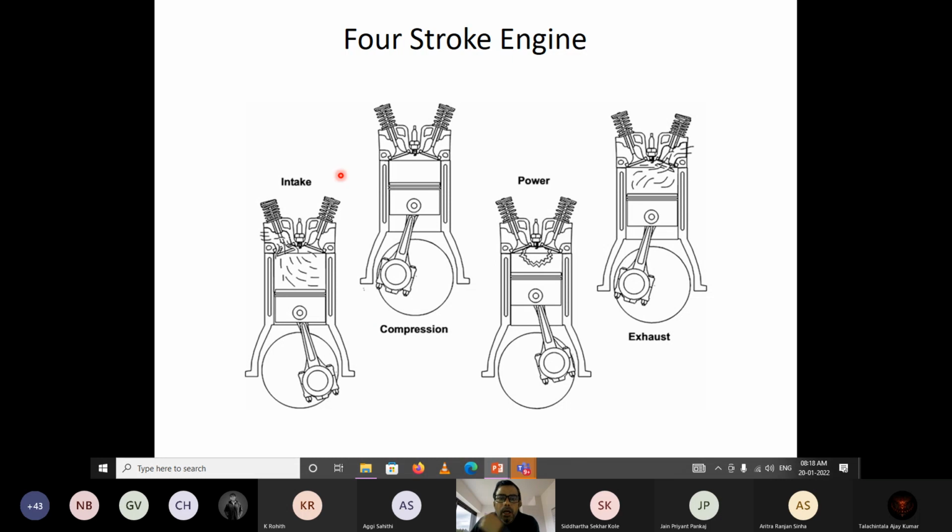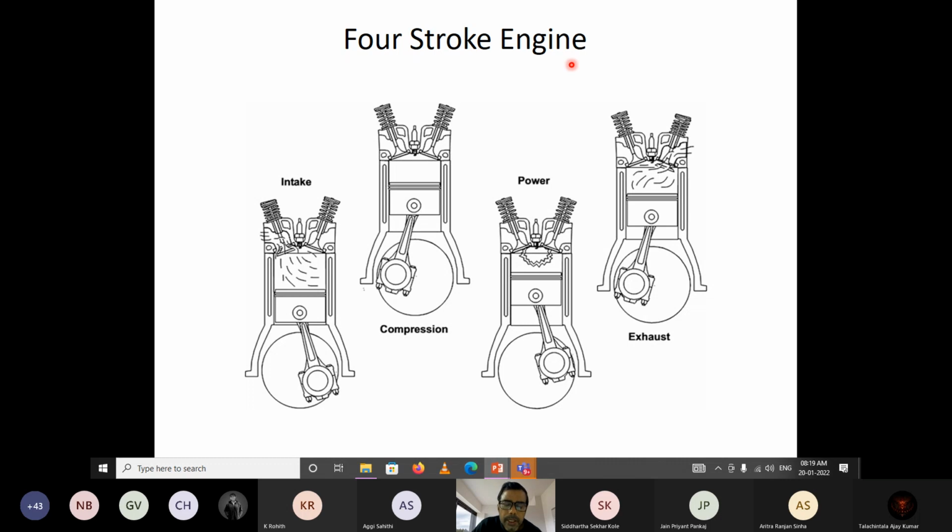In a 4-stroke engine, we require 4 strokes of the piston, or 2 revolutions of the crankshaft, in order to complete one cycle or produce one power stroke. That kind of engine is called a 4-stroke engine.